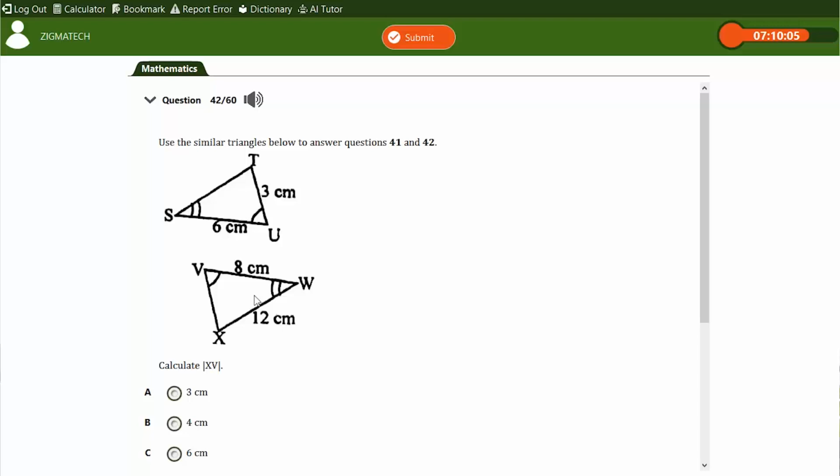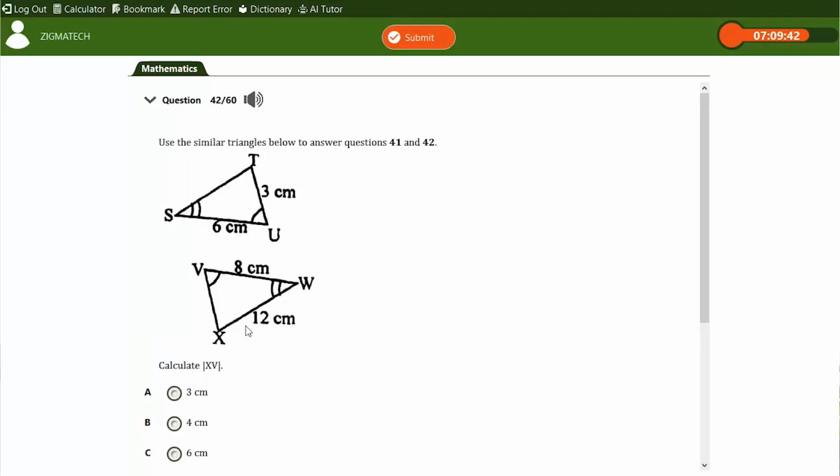This time, we can still do this one, okay? We can still do SU, right? We have, remember, what ST is now. So if we use 12 cm, we know what ST is, right?